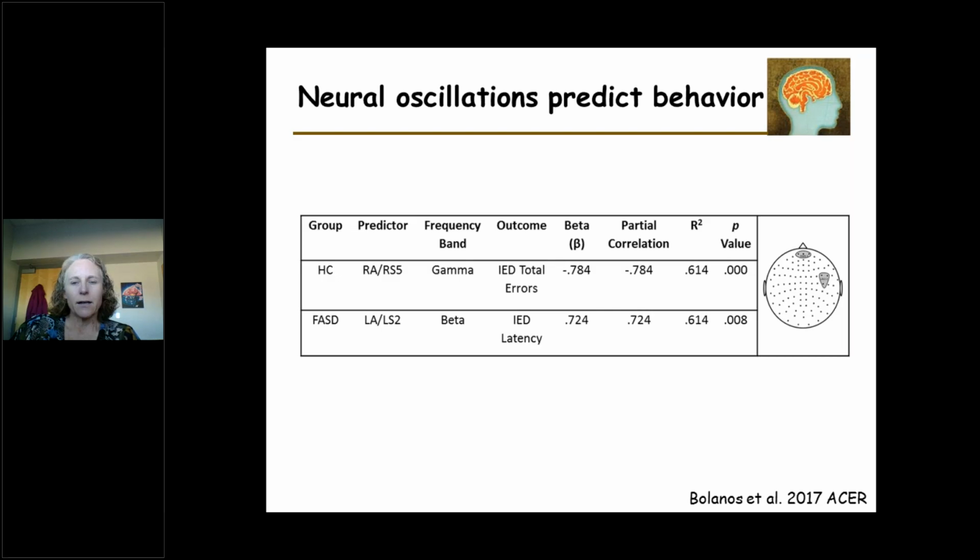And again, we seem to see associations between these neural oscillations and behavior. So we did a few different neuropsych tests with these kids with FASD. This was an intra- and extra-dimensional shift task, and we saw a negative correlation between the gamma oscillations and total errors.